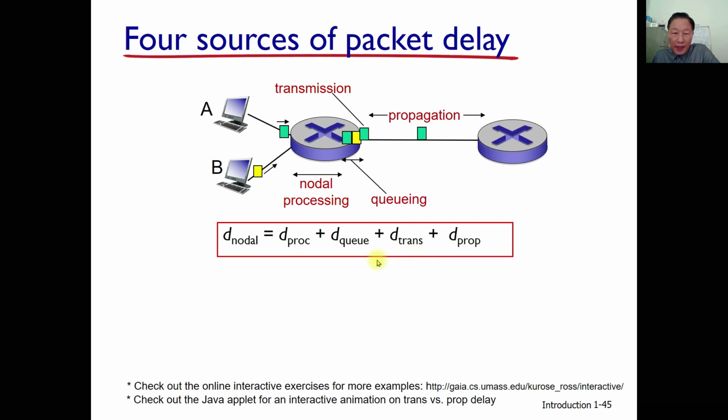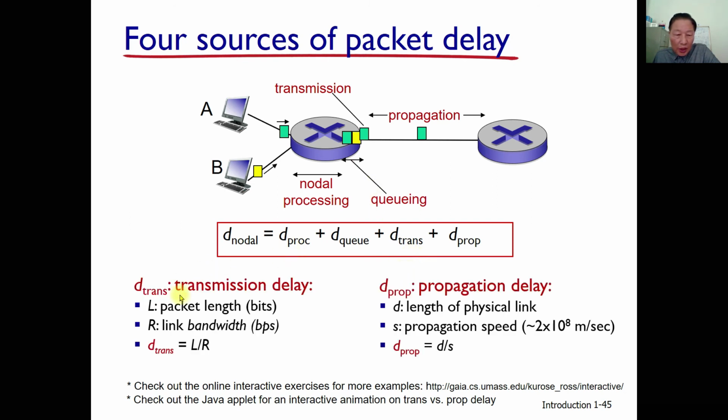Here another one is transmission delay. Depending upon link speed, it will take time. That is called transmission delay. Thus, depending upon the link speed, that is R, and the size of the packet, it will take time.